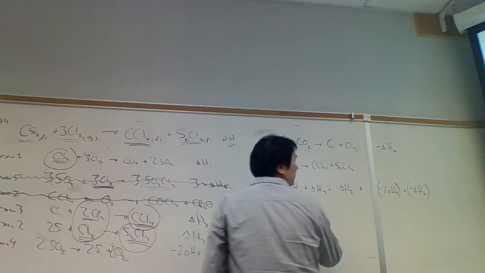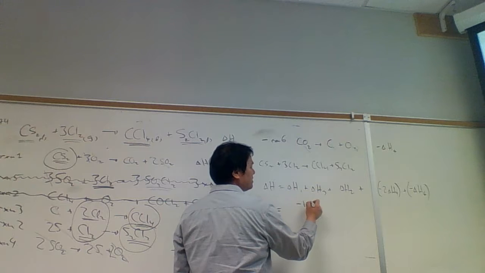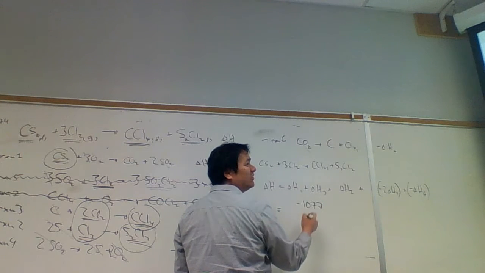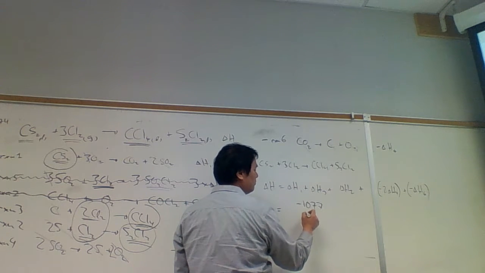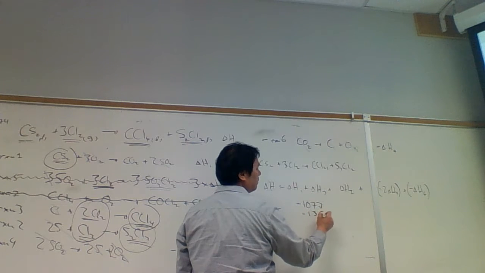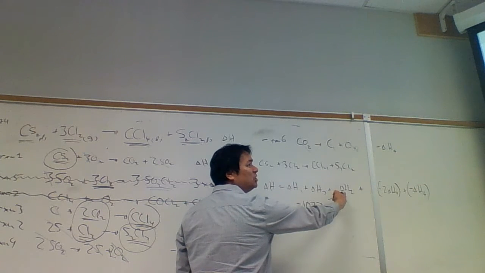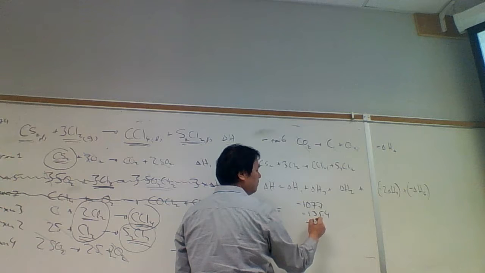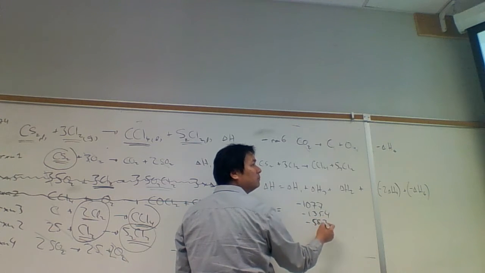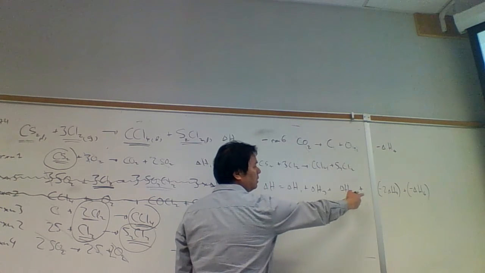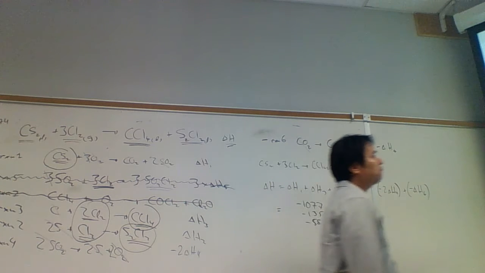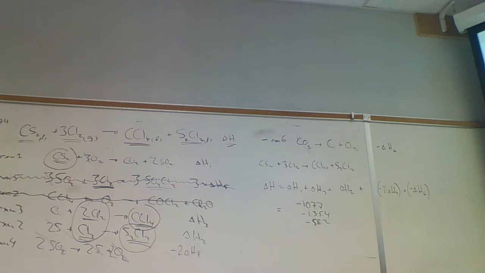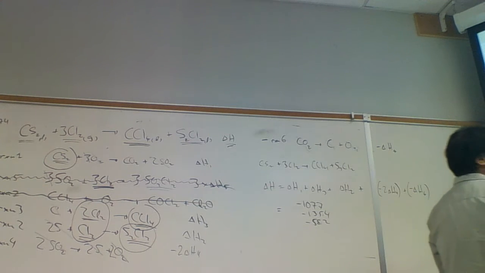And so we just add them up. Delta H1 is minus 1077. Delta H3 is minus 135.4. Delta H2 is minus 58.2. Delta H4 is minus 296.8 times 2, and then change the sign.